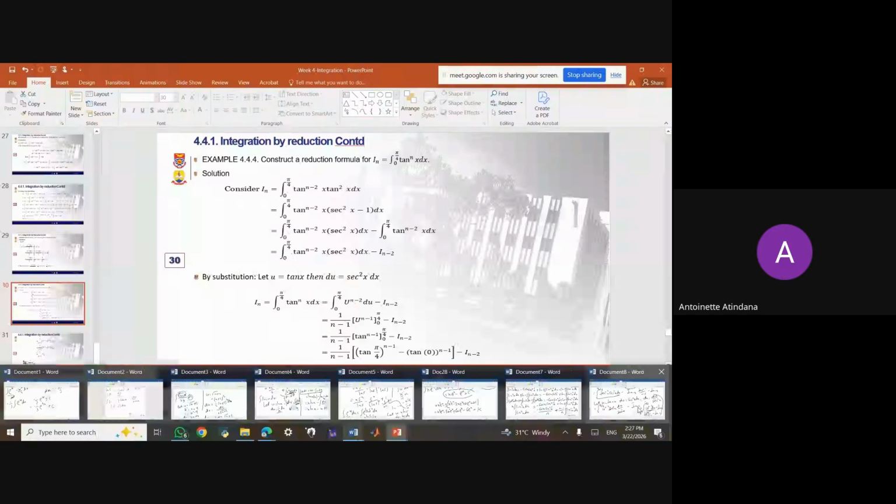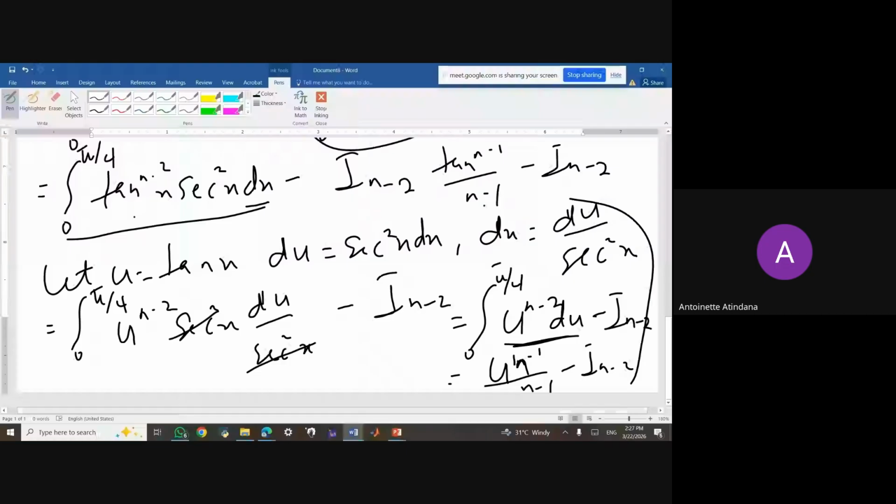Okay, so I have 1 over n minus 1, u to the power n minus 1. Then I'm integrating from 0 to pi on 4, so I have to include the limits of integration, that is from 0 to pi on 4.